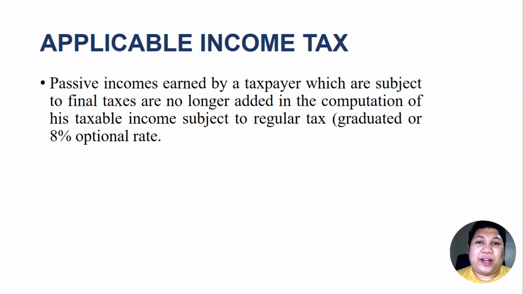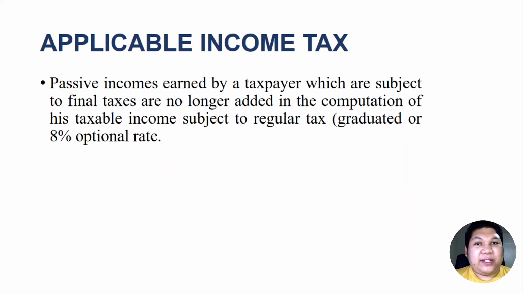Passive incomes earned by the taxpayer which are subject to final taxes are no longer added in the computation of his taxable income. Basically, when a passive income earned is already subjected to a final tax, that tax is final, meaning we are no longer required to subject that again to the regular tax because it would be a double taxation.